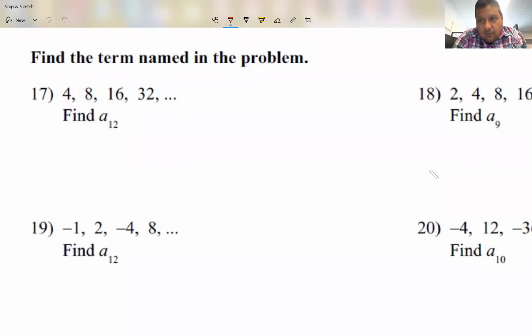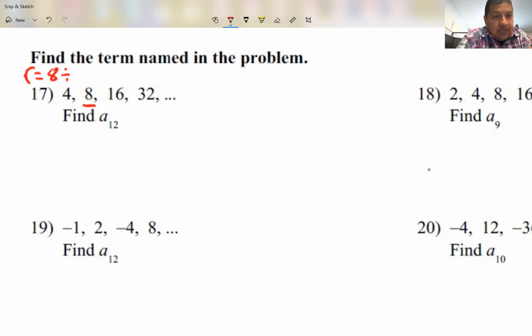We need to find out what the ratio is, what is the number that I'm multiplying over and over. I'm going to choose any number from the list. In this case, let me choose the second number, 8, and I'm going to divide it by the number that comes before that.